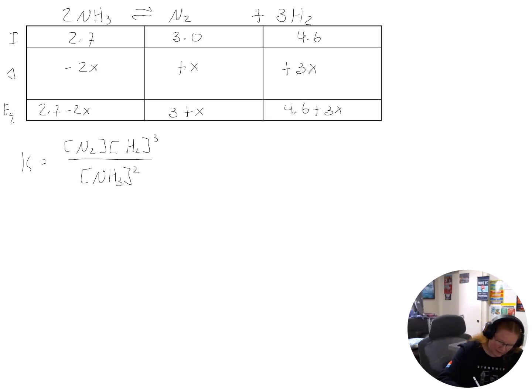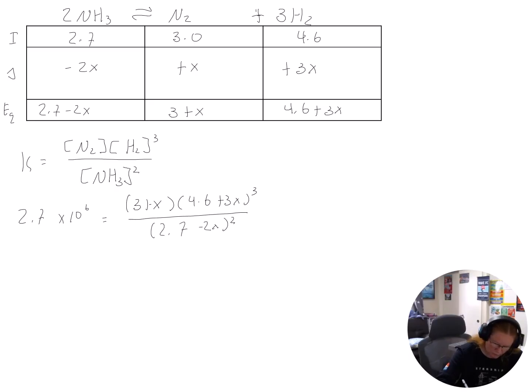So we get 2.7 times 10 to the 6th is equal to 3 plus x times 4.6 plus 3x quantity cubed over 2.7 minus 2x squared. This is nuts.